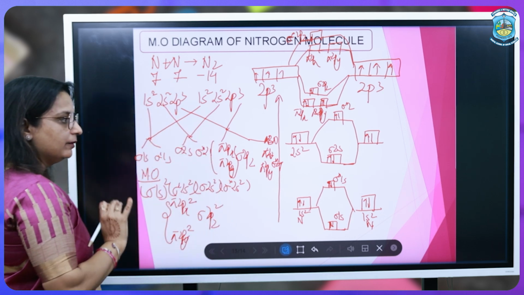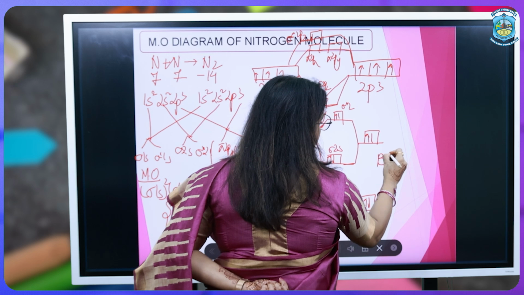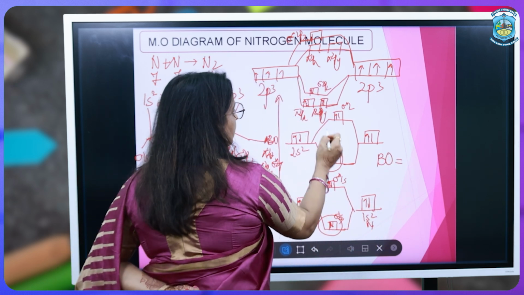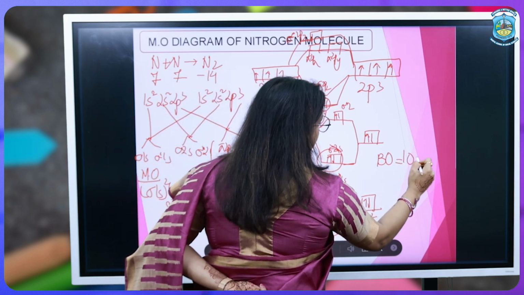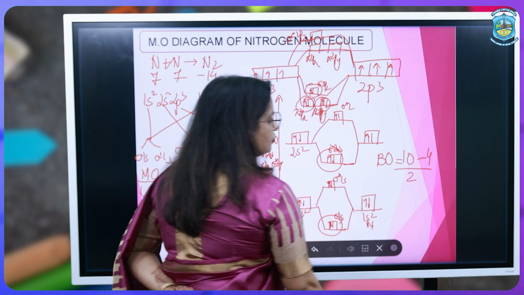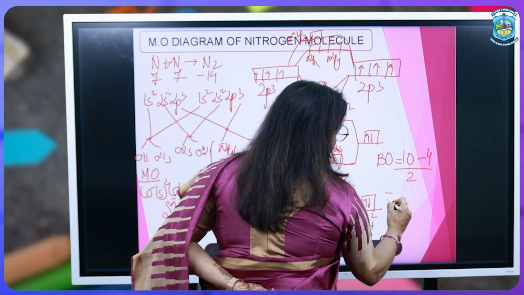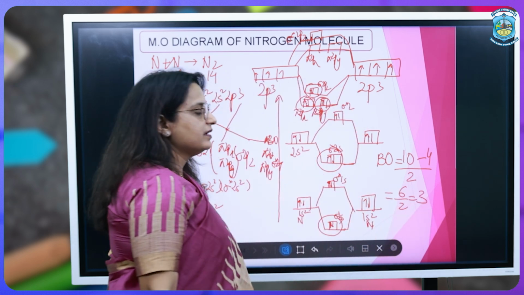The rest are all empty. Based on this diagram, we calculate bond order. Counting the bonding electrons: 2 to 4, 5, 6, 7, 8, 9, 10. So 10 are bonding and 2 and 2, 4 are anti-bonding, divided by 2. This is 6 divided by 2, that is 3. So the bond order is 3.